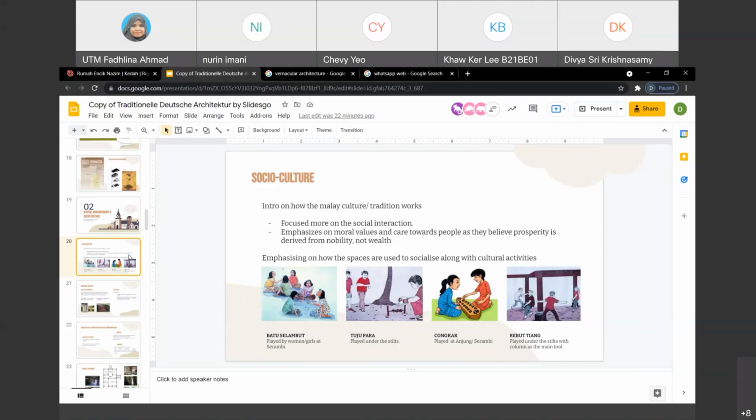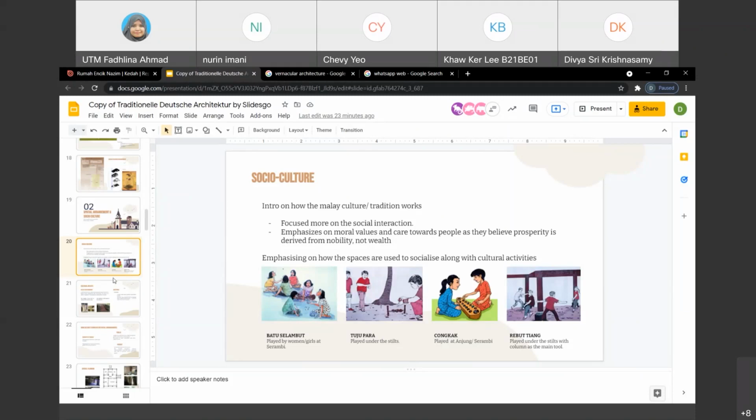The second one is Tuju Para. This game is played under the stilts. The next one is Chongka. This game is played at Anjong or even Serambi. And the next one is Rebut Tiang. This game is played under the stilts with a column as the main tool, where they fight for a column in order to win.